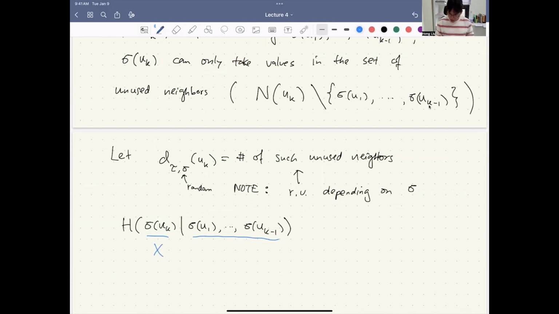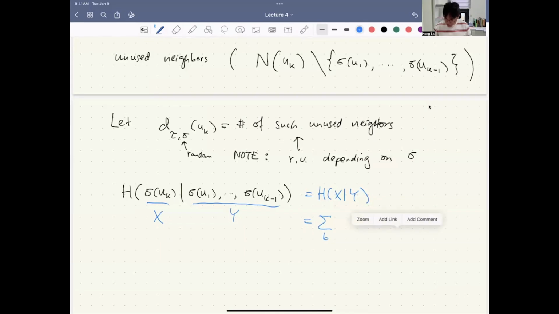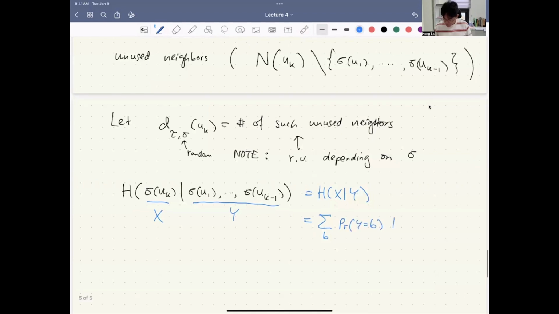Write this as X, and the whole K minus 1 tuple as Y. Remember, this is conditional entropy, so by definition it is the sum over choices of B of the probability that Y equals B, times the conditional entropy of X given Y equals B. Or in other words, sigma B. Did I write it in terms of B? Give me a second. What notation did I use?